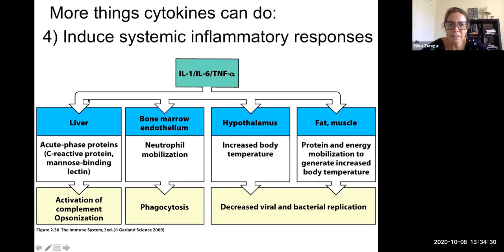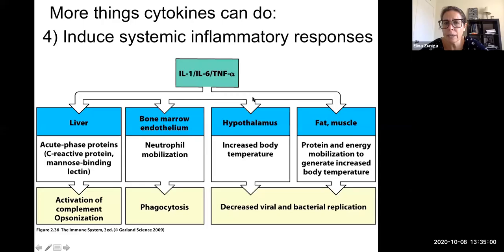We talked about how the IL-6 can act in the liver, right, producing the C-reactive protein and the mannose-binding lectin. They can also act in the bone marrow, inducing the release of neutrophils that now will be more available in circulation to go to the site of infection, extravasate, and destroy the pathogen via phagocytosis.